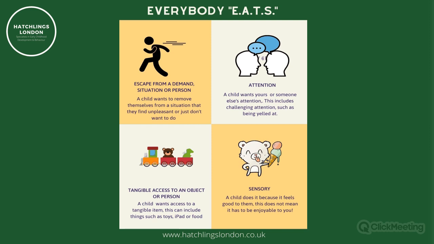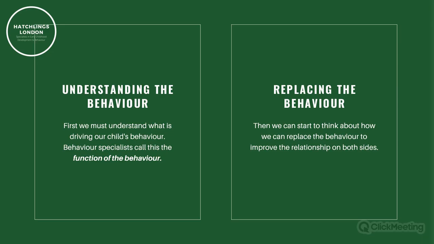T is for tangible, tangible access to a physical object or item, something they can really have and hold in their hands. And S stands for sensory, or automatically maintained behaviour. Often someone does it because it feels good. Whether it feels good to you is another thing. Sensory behaviour isn't always obviously pleasurable to you, but it is to the person experiencing it, so they keep going with it.